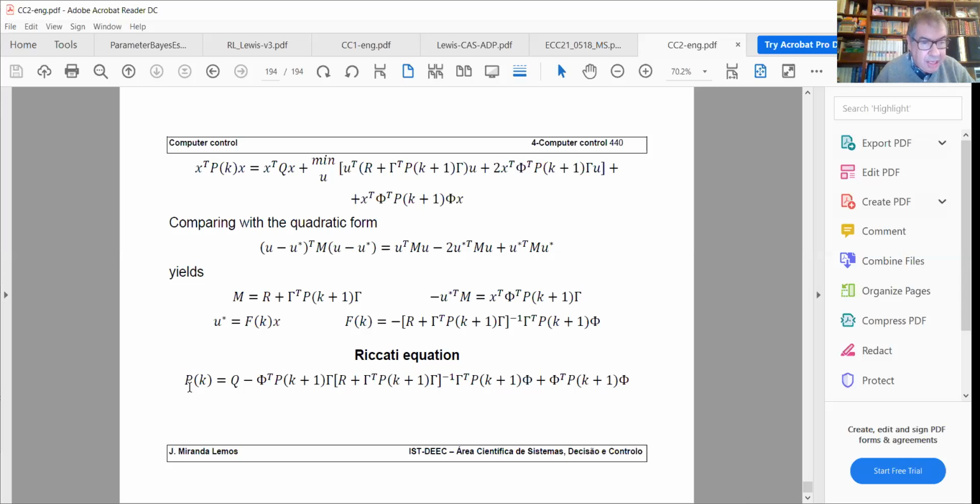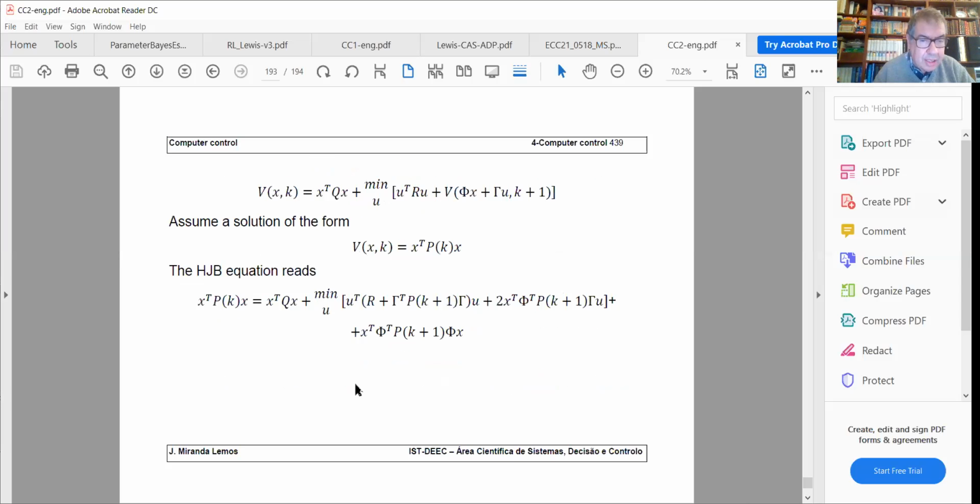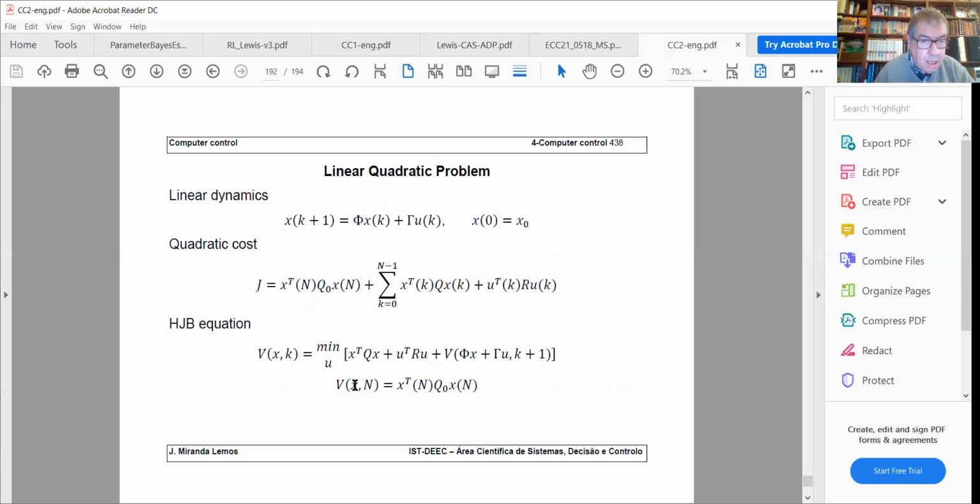You see that PK is given in terms of PK plus 1. So you end up with a terminal condition, and then you go backwards. The terminal condition is obtained from the fact that the terminal cost is X transposed Q0 X. So the final P of n is equal to Q0.